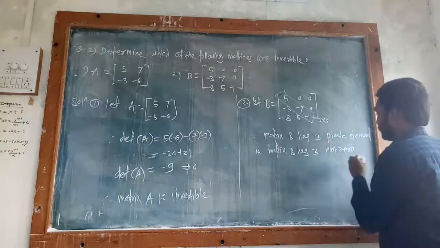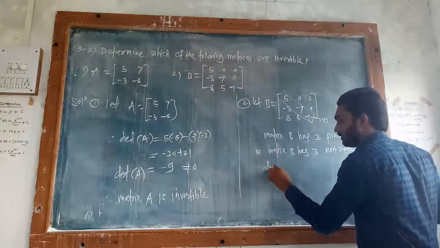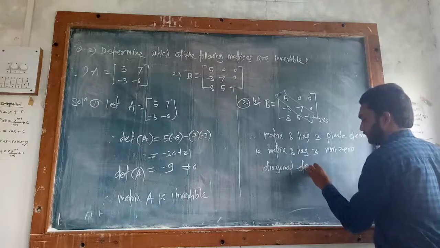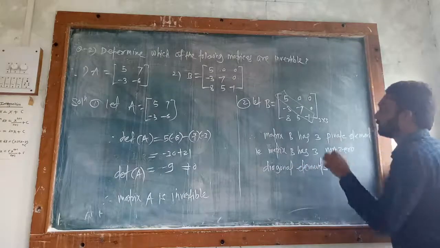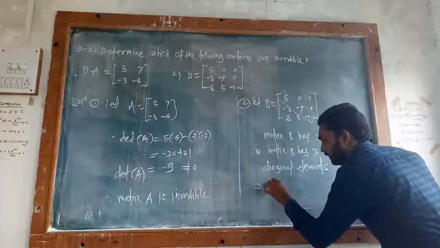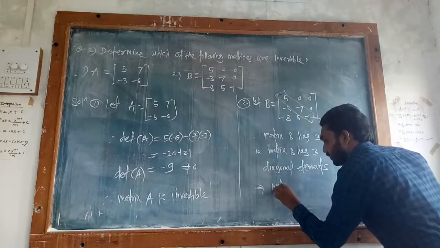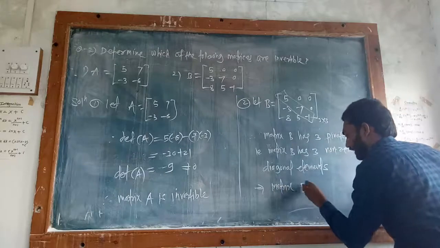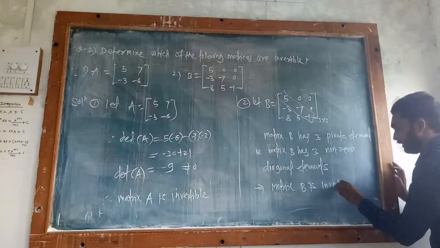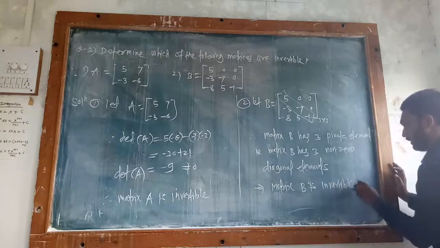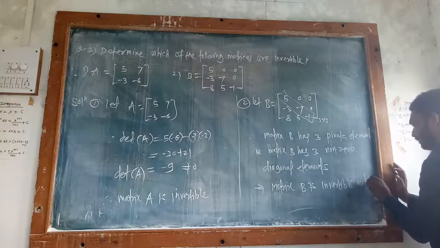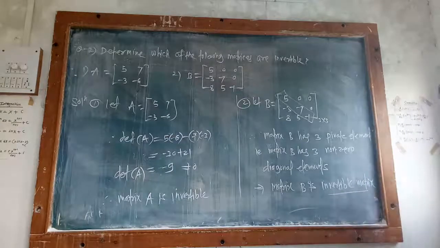Right? Therefore, this matrix B is an invertible matrix. Okay. It is a very simple example.